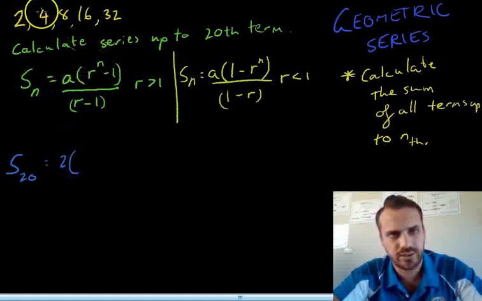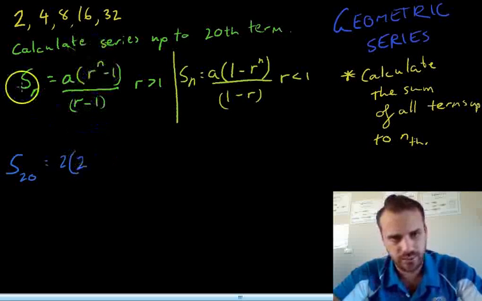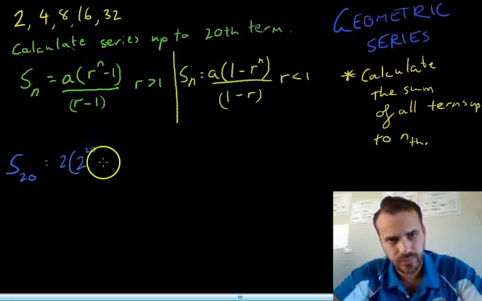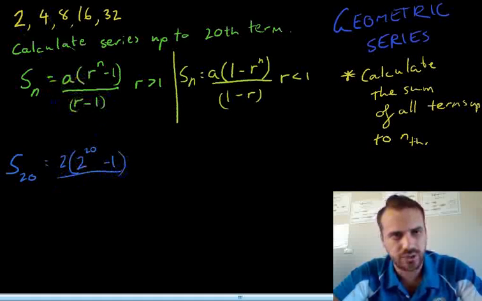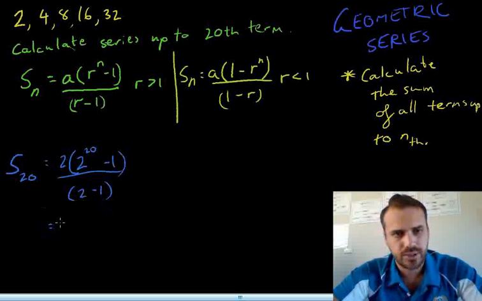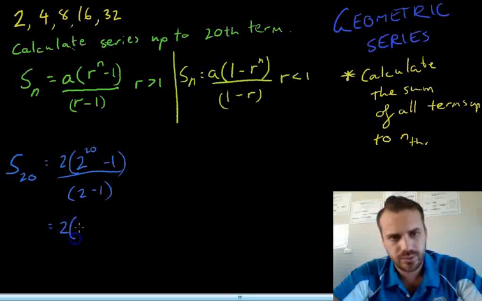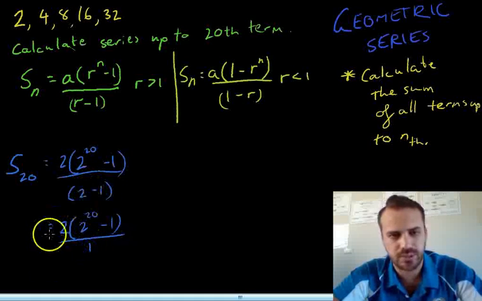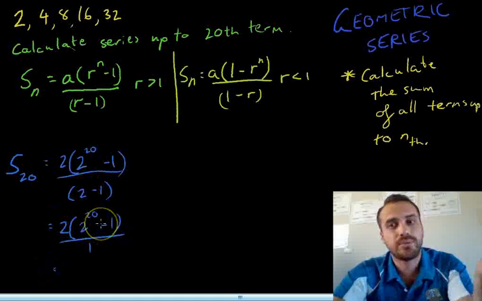That's the ratio, 2, times 2, times 2, to the power of n, which is 20, minus 1, all over the ratio minus 1. In this case, the ratio is 2, so 2 minus 1. So we end up with 2 times (2 to the power of 20 minus 1) all over just plain old 1, because that's 2 minus 1.